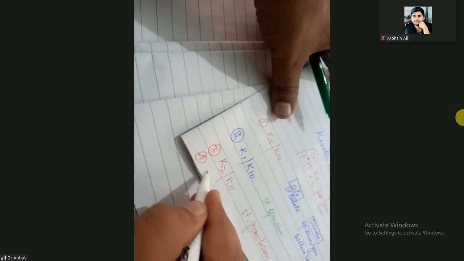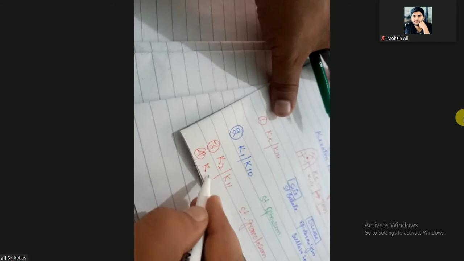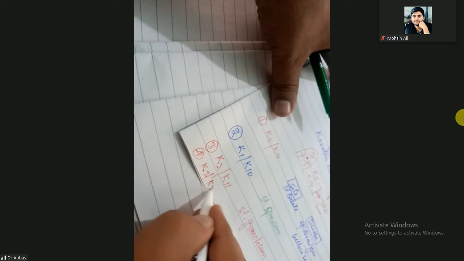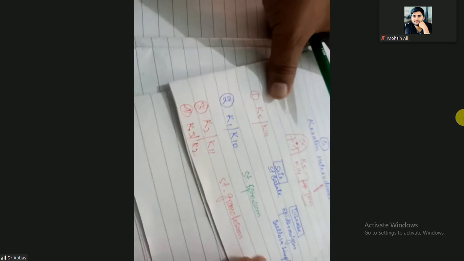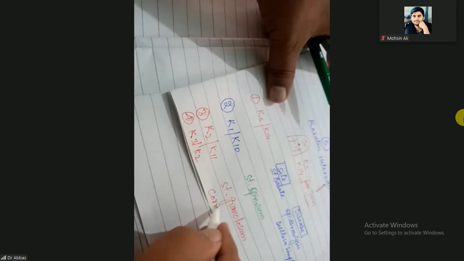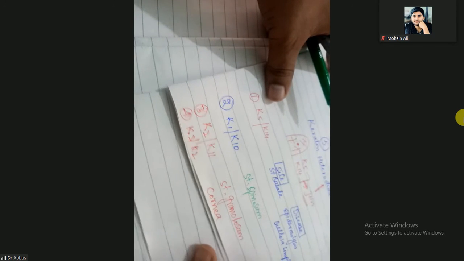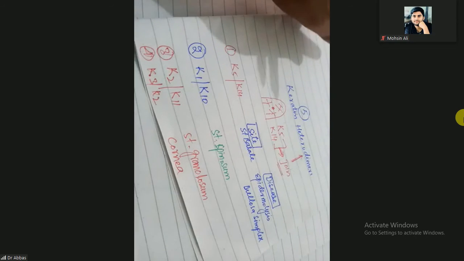Okay. So next one is the heterodimer. Fourth one is K3, K12. So K3 and K12 are present in the cornea.